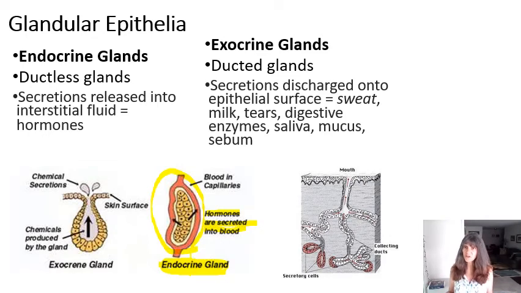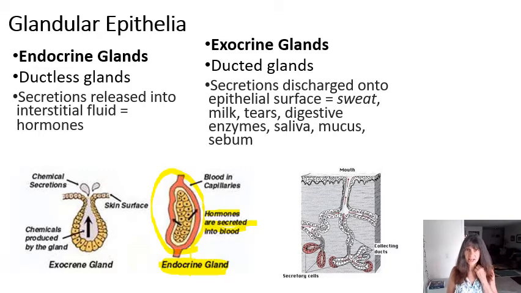They could potentially also be picked up by lymphatic fluid. So endocrine glands do not have a duct. Their secretions are released into interstitial fluid, and hormones are the most common type of product that is secreted by endocrine glands.